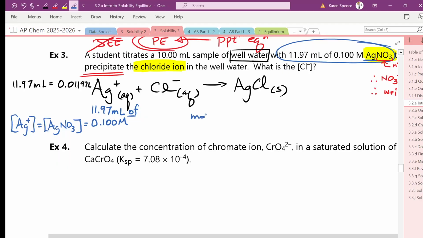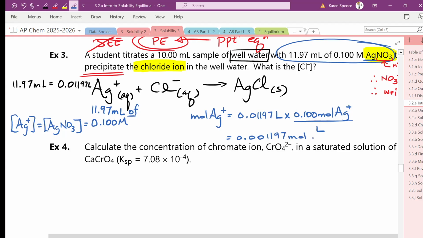If we want to calculate the moles of silver, we get 0.01197 liters times 0.100 moles of silver per liter, and that gives us 0.001197 moles of silver.